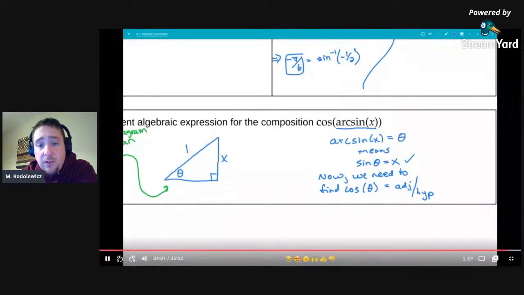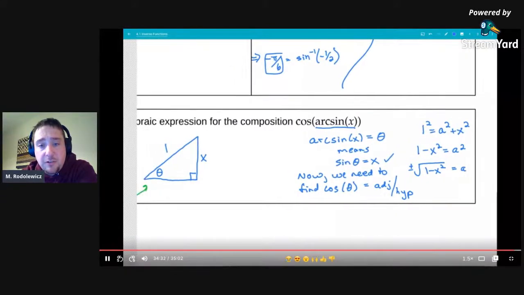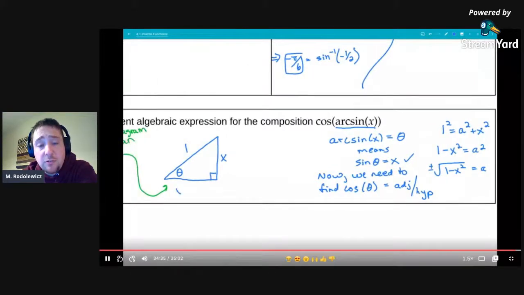We know that the cosine in right triangles is adjacent over hypotenuse. Well, we don't have the adjacent value, but the good old Pythagorean theorem allows us to find it. When I apply the Pythagorean theorem to the diagram, I end up with the missing side as plus or minus the square root of 1 minus x squared.